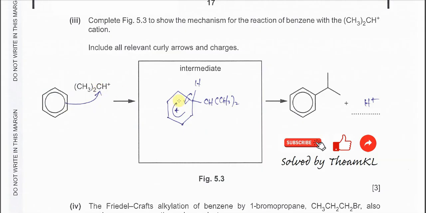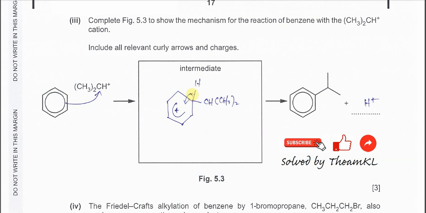Then when you form the intermediate, remember to draw a curve with a positive charge, together with the alkyl group and the hydrogen. This intermediate is worth 1 mark, and you need to show the C-H bond break.